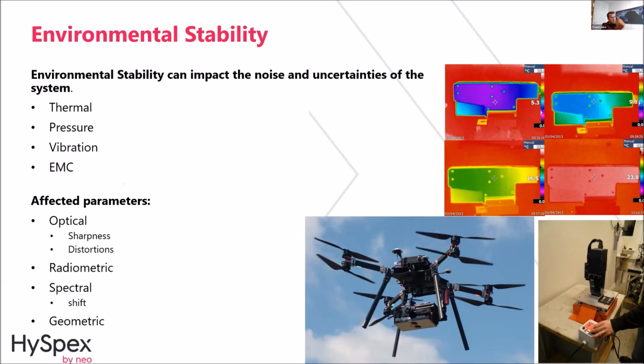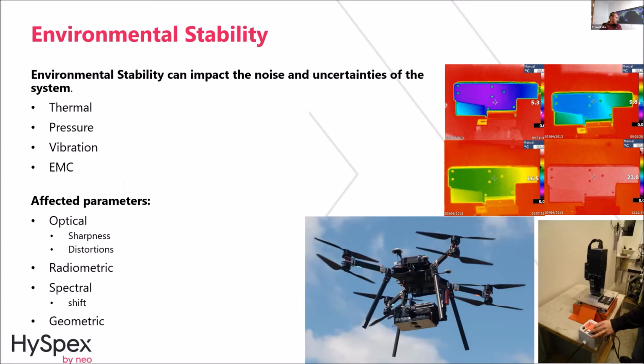How is temperature influencing your design? How is pressure influencing your design? And so on. Vibrations, EMC. All our cameras, even the ones we sell as lab systems, go through vibration testing. We do calibration before and after vibration testing to assure that this is stable. And also climate chamber testing.